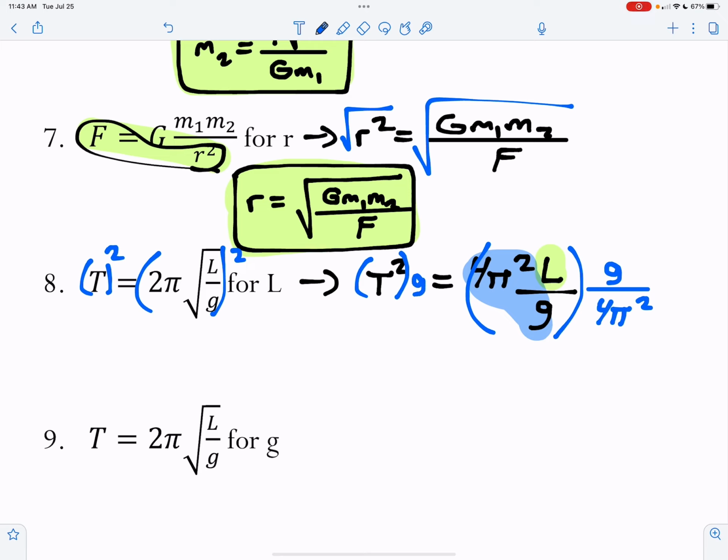Make sure you do that to both sides. Everything cancels. L is by itself. So L would be equal to t squared G, or you could write it as G t squared, the order doesn't matter, over 4 pi squared. We're done.